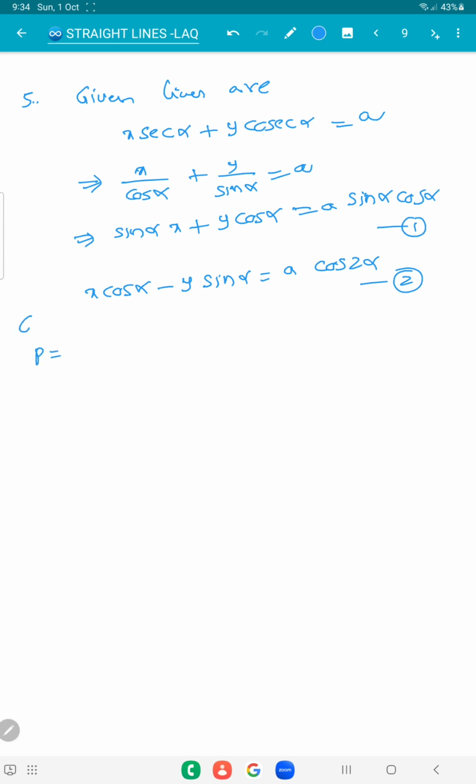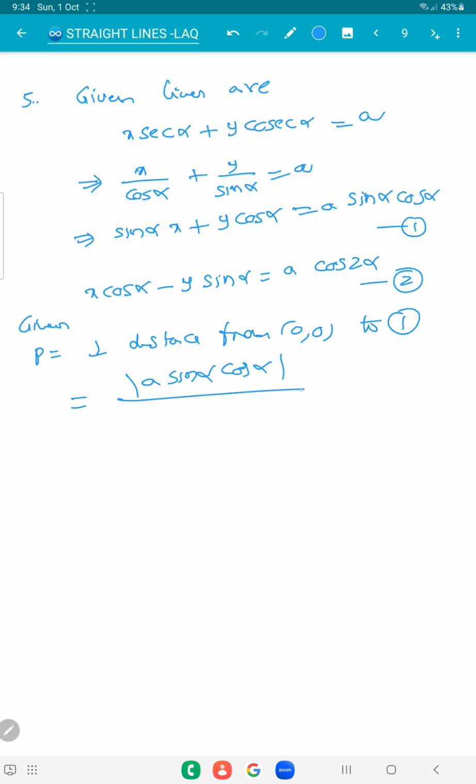p is given as the perpendicular distance from the origin to 1. What is the formula? Mod c by root of a squared plus b squared. Mod of a sin alpha cos alpha by root of a squared, which is sin squared alpha, plus b squared, which is cos squared alpha.